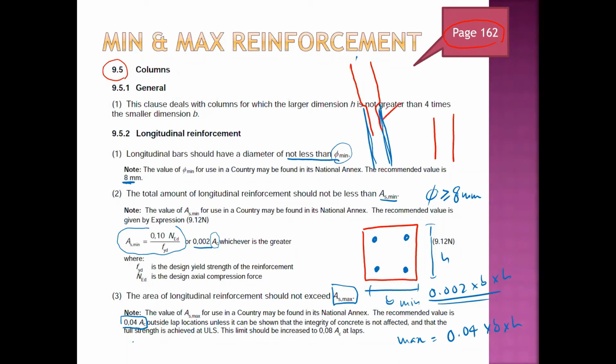At the lapping, the allowable limit for the maximum is less than 0.08 Ac, where Ac means B times H.